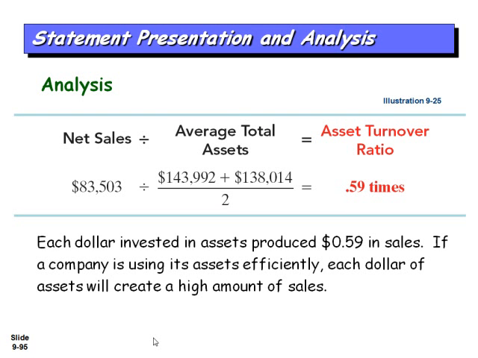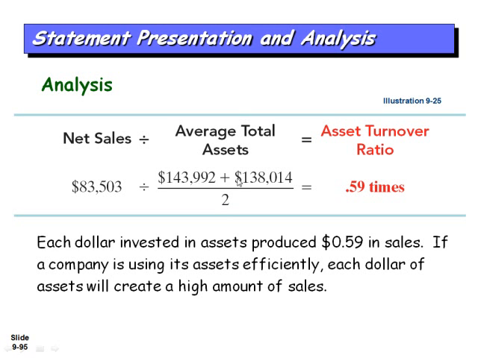So a common ratio in looking at long-term assets is net sales divided by average total assets. You would say, for the money we're spending on assets, how are we creating sales from this? So divide net sales by average assets, which is the current year plus the prior year divided by 2.